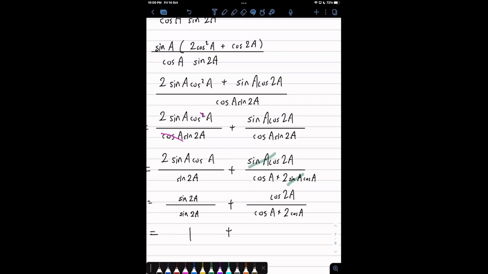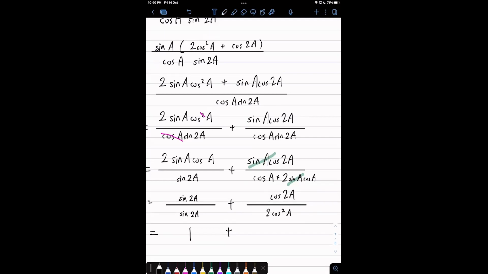But over here, this guy and that guy, can you cancel? No, they're different. The angle inside is 2a, this one is cosine single a. Cannot cancel. But what's cosine times cosine? Cosine square a.